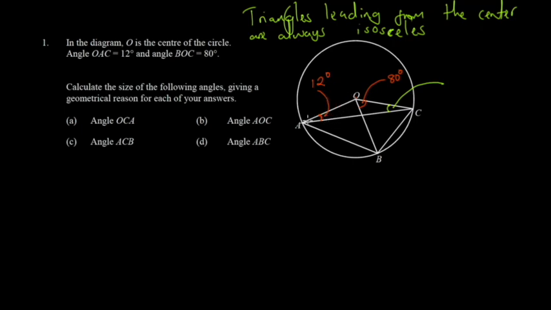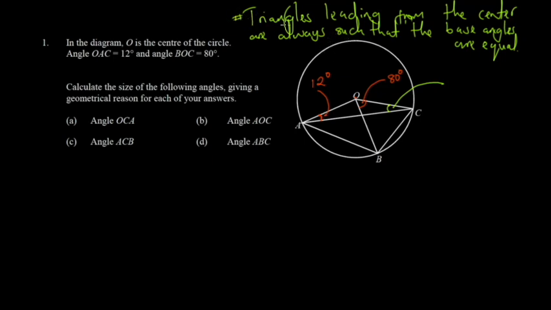So for triangle AOC, these base angles here are always equal. You can even say triangles leading from the center are always such that the base angles are equal. Take note of this, it's one of the most common rules that you have to apply.